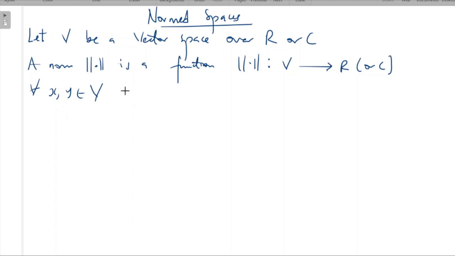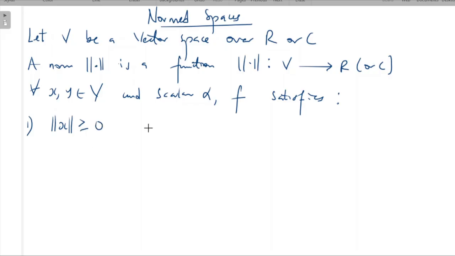I also have a scalar, let's say alpha, based on the properties. The function must satisfy the following. First, the norm of a vector x must be greater than or equal to 0, and the norm of x is equal to 0 if and only if the vector is 0.